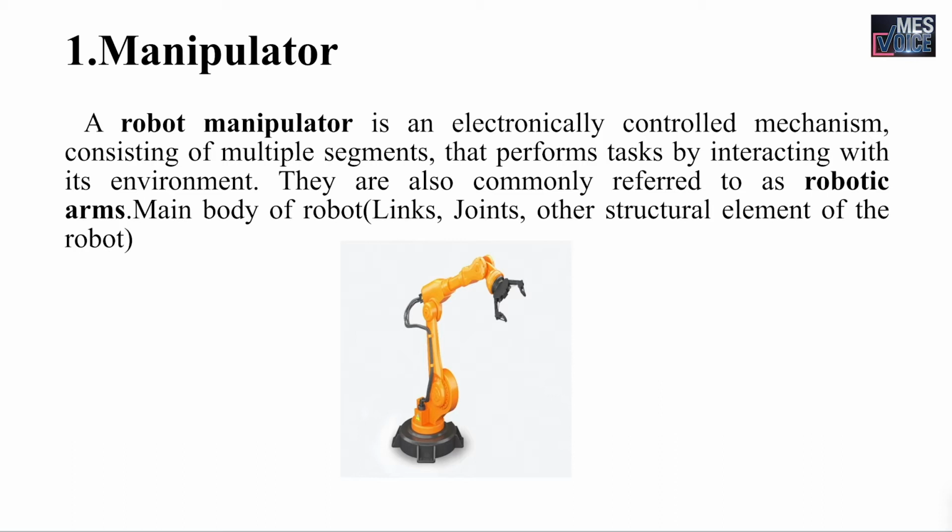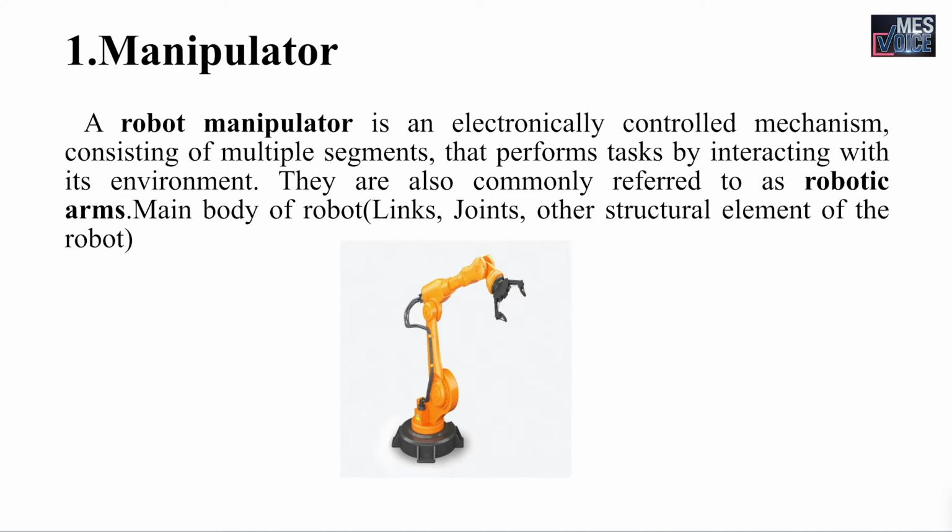A manipulator is an electronically controlled mechanism consisting of multiple segments that can perform tasks in accordance with its environment. In the figure we can see a manipulator. It works similar to the arm of a human being. From the figure itself we can see there is an arm to control the situations. So it can be referred to as a robot arm.